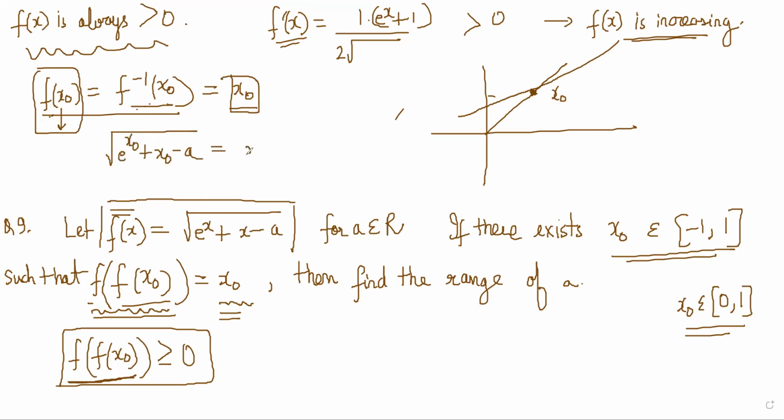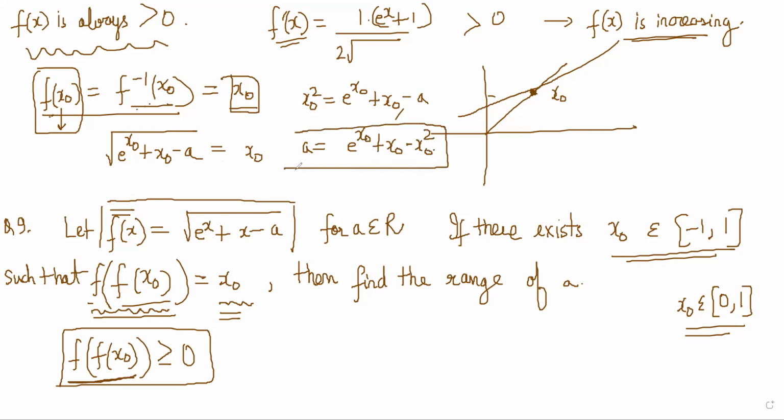Squaring, you'll get x naught square = e^(x naught) + x naught - a. So a becomes e^(x naught) + x naught - x naught square. Now you have to find the range of a, and you know that x naught belongs to [0, 1].